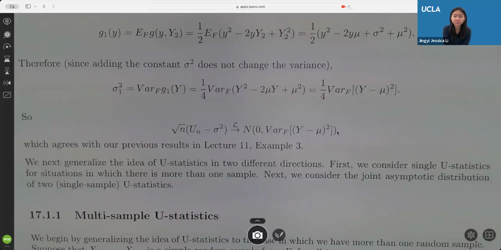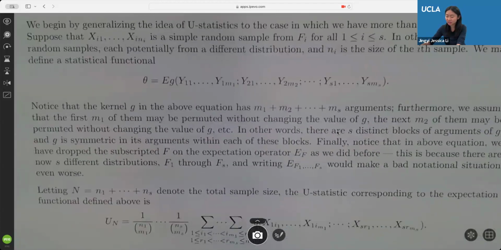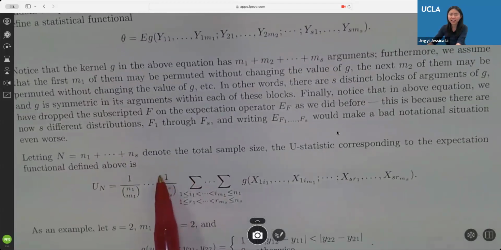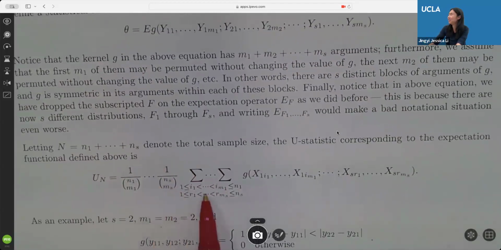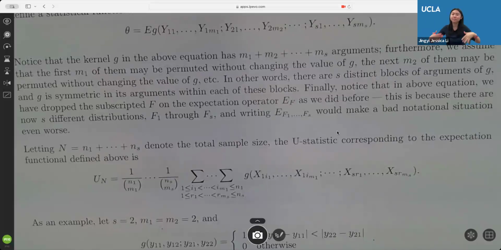Okay, something remaining here is the multi-sample U statistic. I feel like this is a part I can potentially skip, because it is a little more complicated, but not more complicated conceptually, only notation-wise. Let me just show you this. Essentially, if you have s samples in total, in your U statistic you need to consider sampling without replacement from each sample.